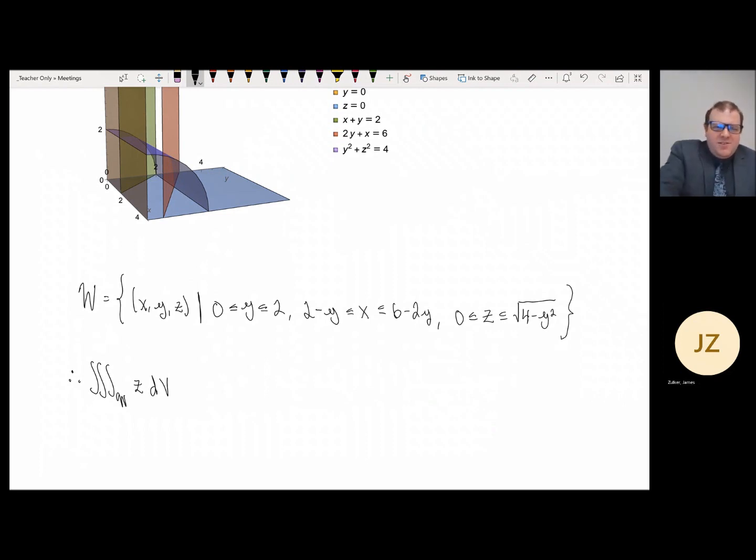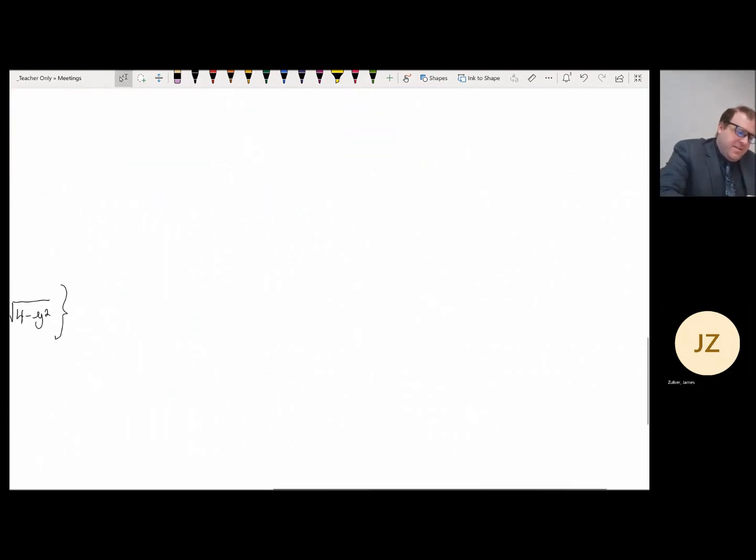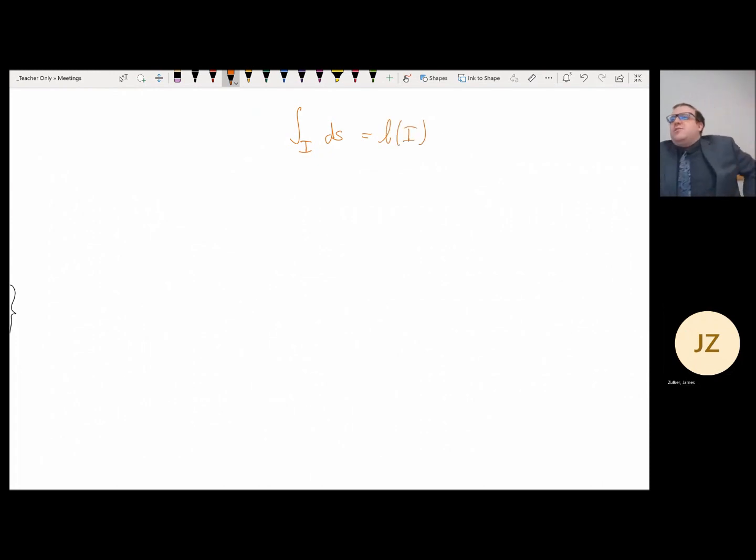Recall that we already saw that if you just integrate over an interval I with respect to the length differential, it's just the length of the interval.